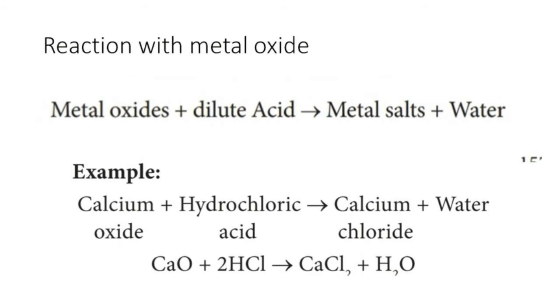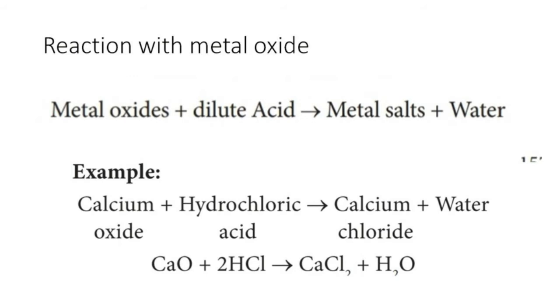Next, reaction of acids with metal oxide. Oxides of various metals react with dilute acids to form their metallic salts and water. So metal oxides with dilute acid give metal salts and water.